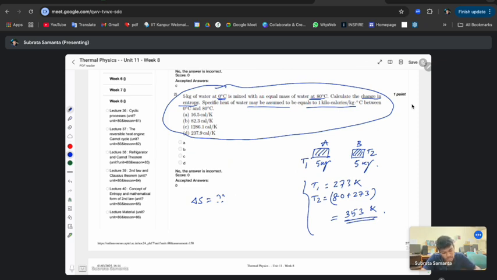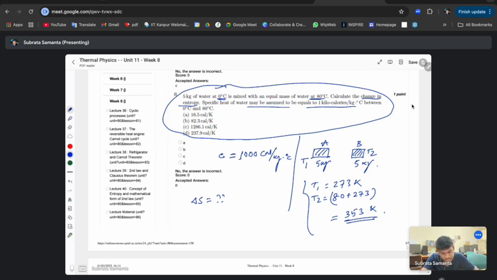So the specific heat C is 1000 calorie per kg degree centigrade. I converted kilocalorie to calorie, so 1 kilocalorie means 1000 calorie. That is the specific heat C of water that is given.